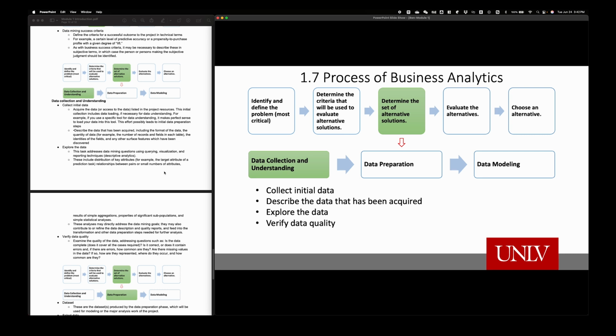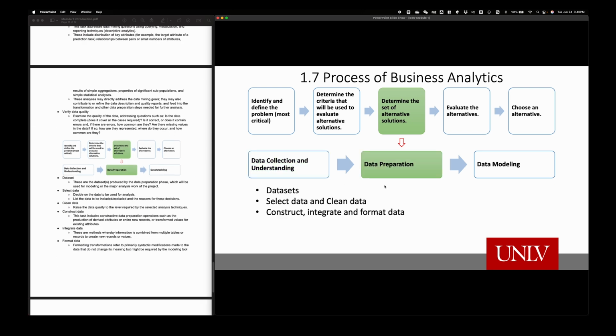And also, we need to explore the data using visualizations, summaries, and simple analysis to understand distributions, relationships, and trends of the business. And we also need to verify data quality, like checking the missing values, errors, and completeness to ensure the data is reliable.